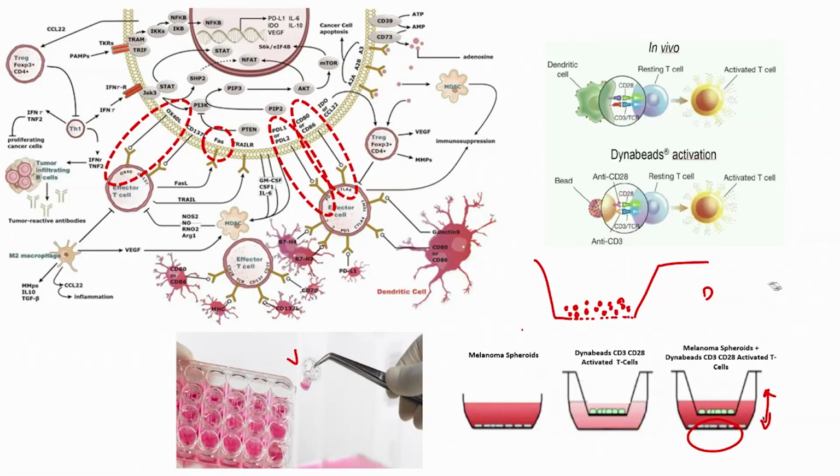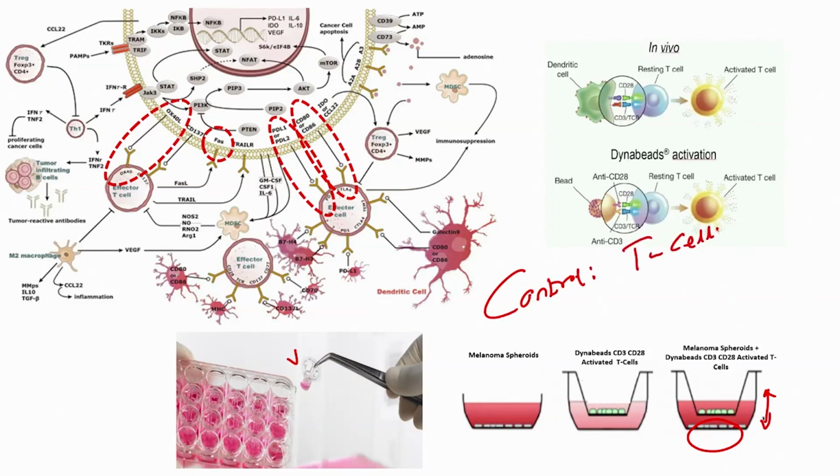So, our control would be T cells with matrigel containing spheroids, right.